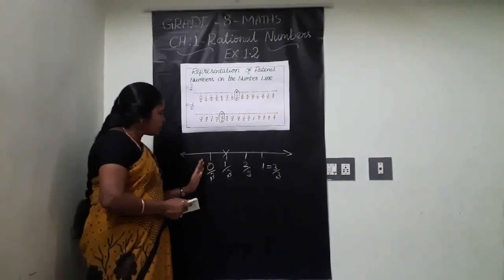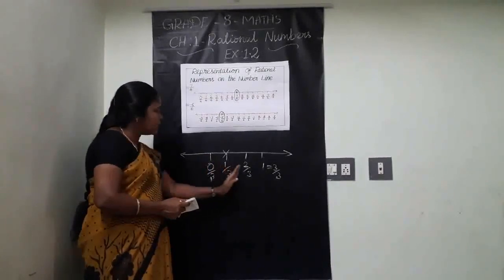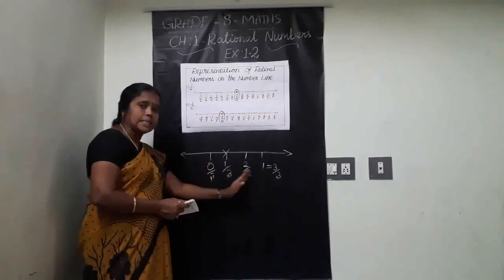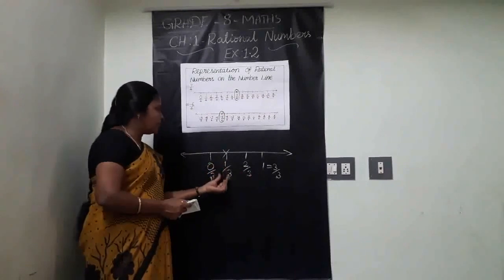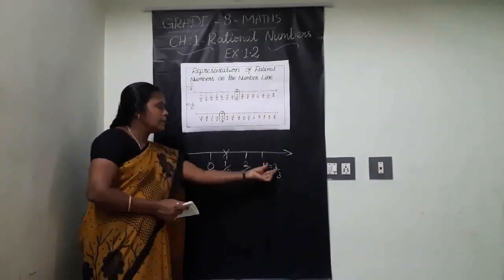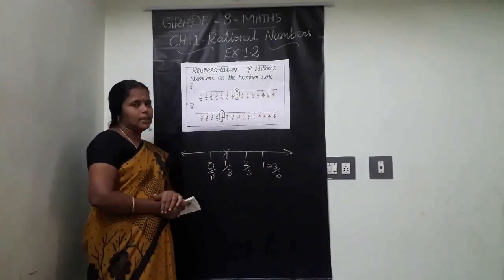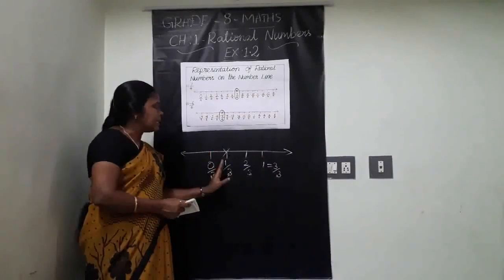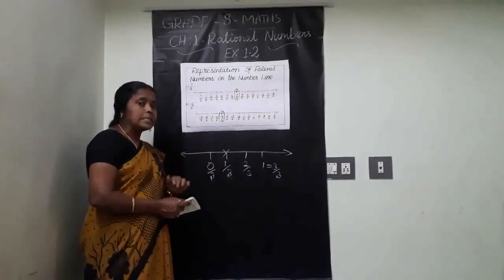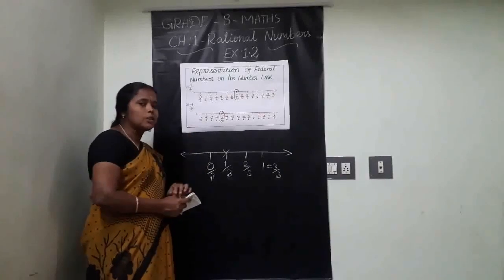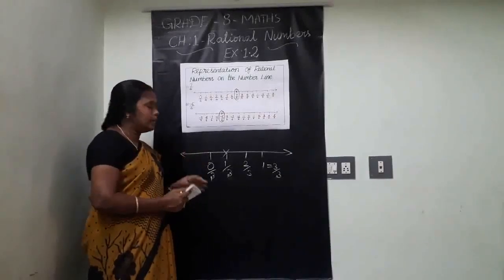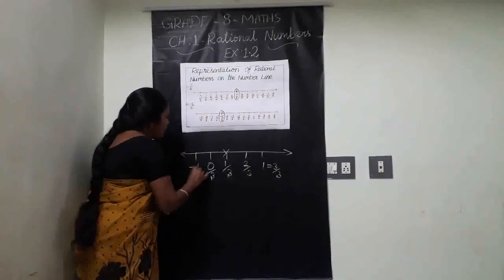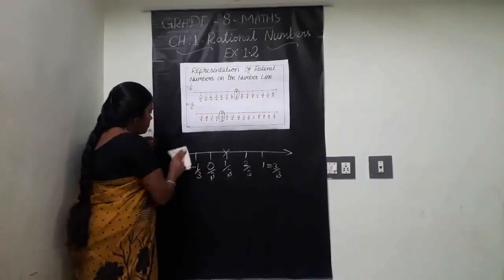If you watch closely, what sign is indicated here? Positive. Clear? Plus 1 by 3, plus 2 by 3, plus 3 by 3, etc. Clear, children? Signs are not involved in fractions. Suppose a sign is involved, how do you represent it on the line? See here, minus 1 by 3, left of 0.